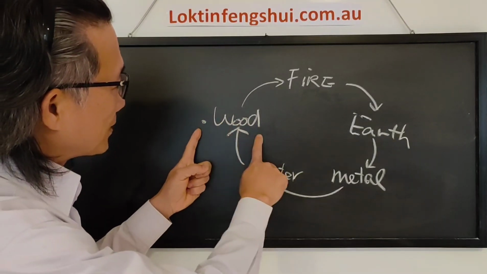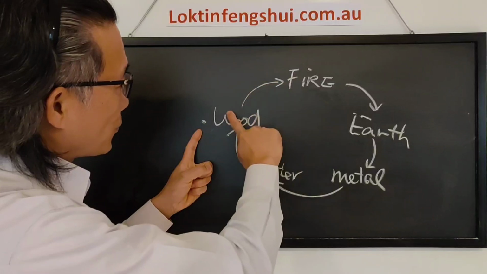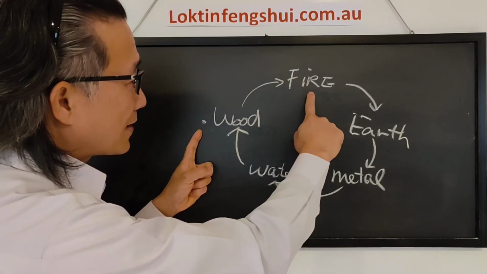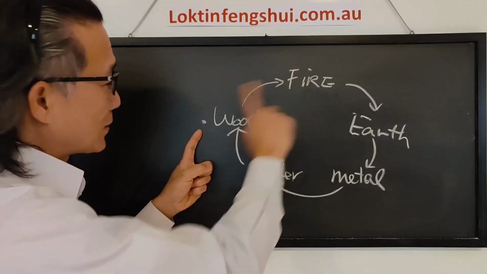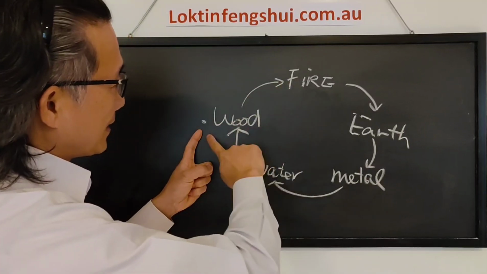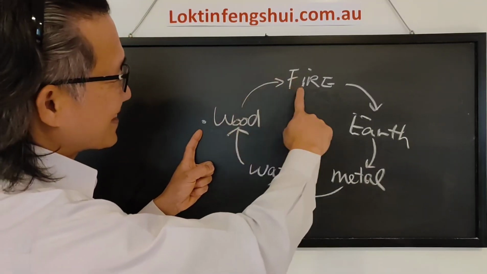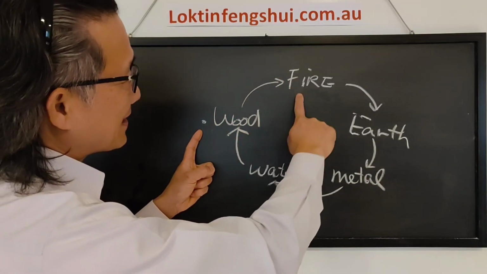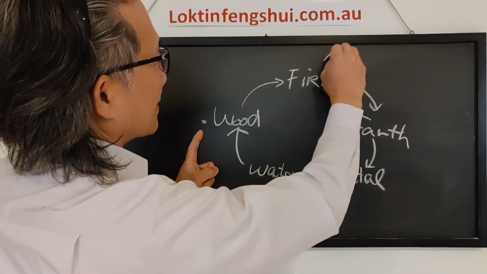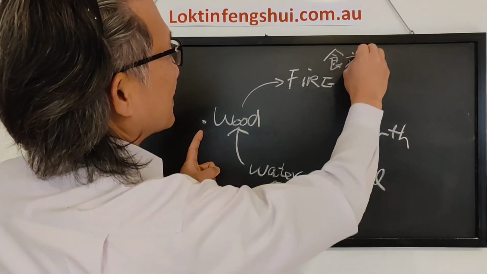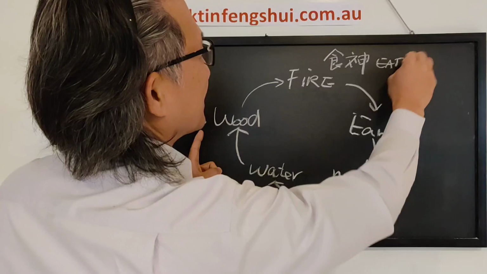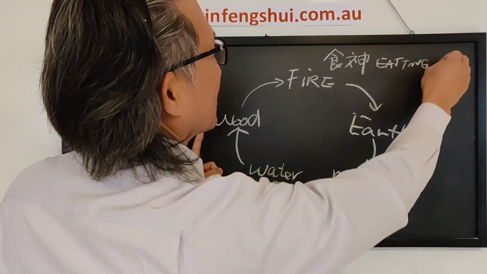The wood will give fire, so the fire will drain the wood. The fire was given a name in Chinese: the first one is called Sik San, or eating god.